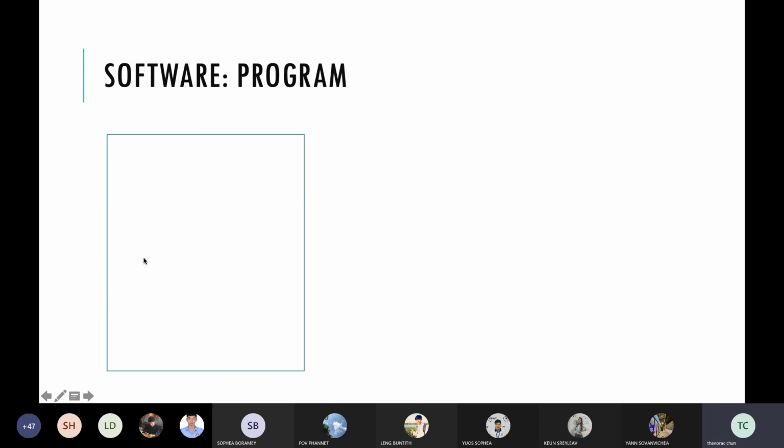So for this slide presentation, we are focused on the software, how it is organized itself, and how it is transferred into the CPU to be executed. Any questions so far? I will pause a bit for you to look for questions.